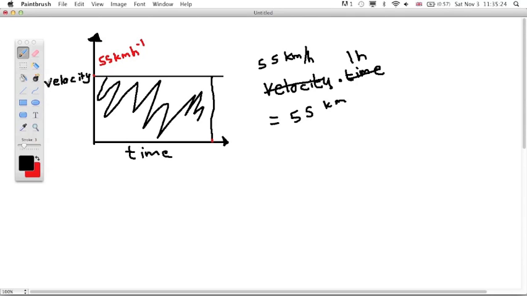Next graph is what if you have the same axis, velocity and time. I'm not going to label the axis because I'm telling you guys it's velocity and time.